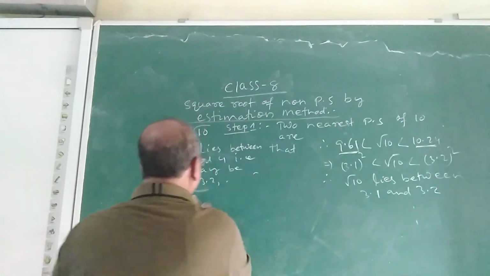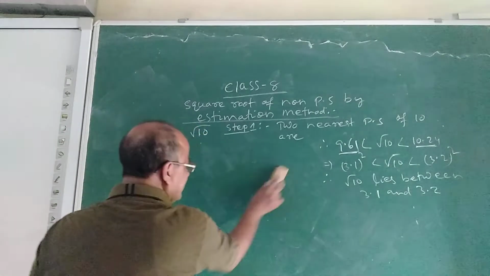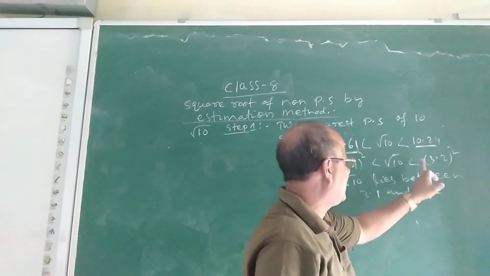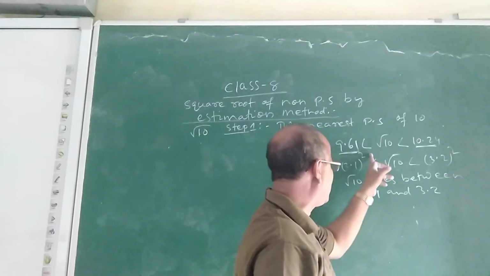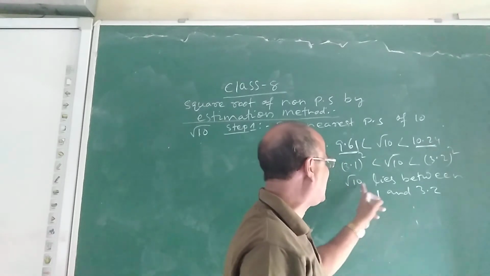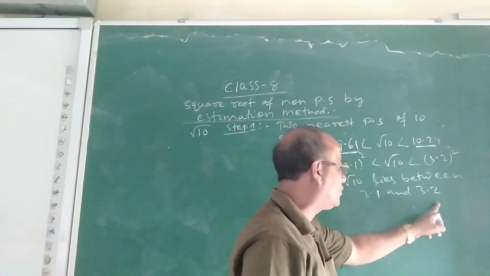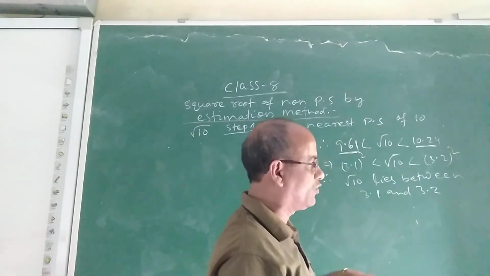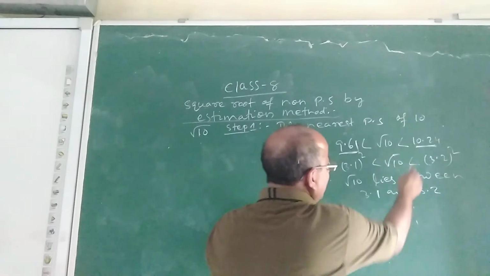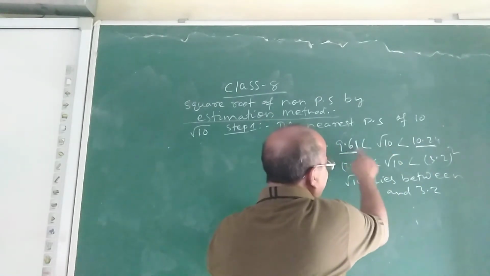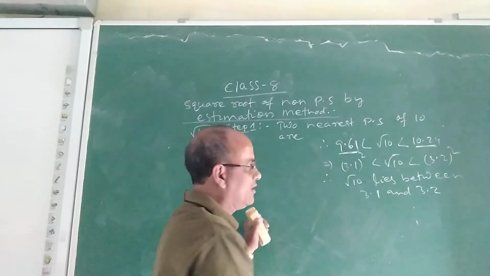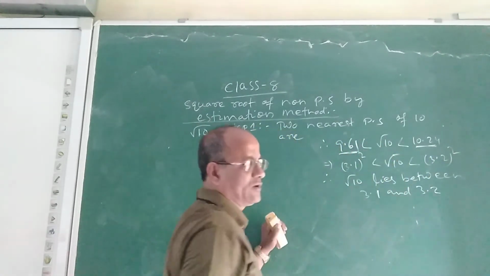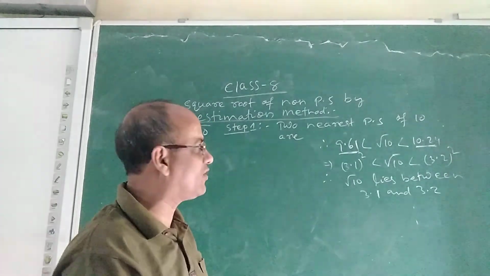Now that you know root 10 lies between 3.1 and 3.2, out of these two numbers, which will be the square root of 10? For that you have to find out whether 10.24 is closer to 10 or 9.61 is closer to 10. Closer means nearer. That also you can easily guess, or you can subtract.